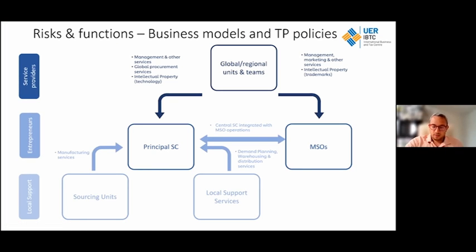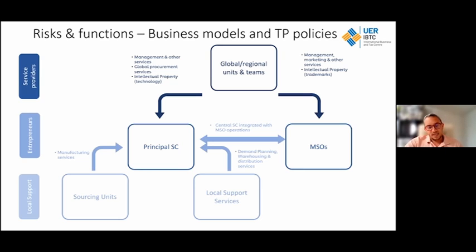Yes, thanks, Paolo. I'd like to start from this point that Paolo explained to us. There is a different way to run the business, centralized or giving more autonomy to the local MSO, the marketing and sales organization.